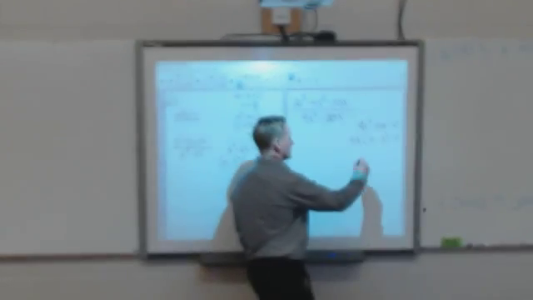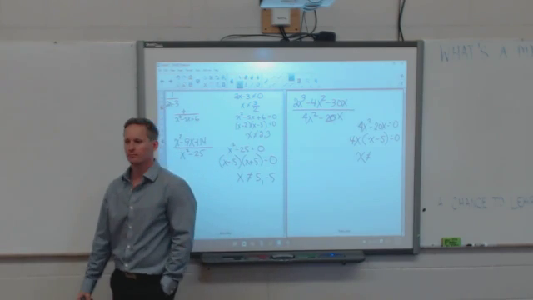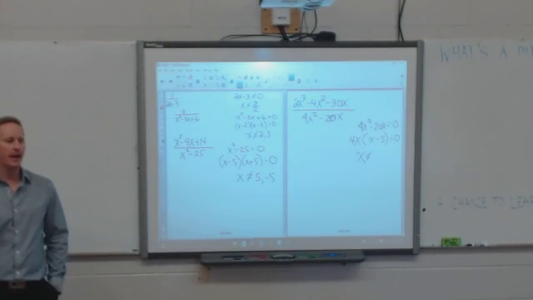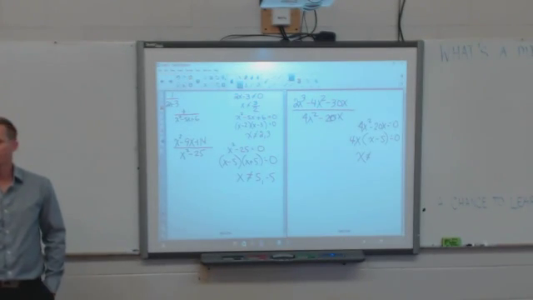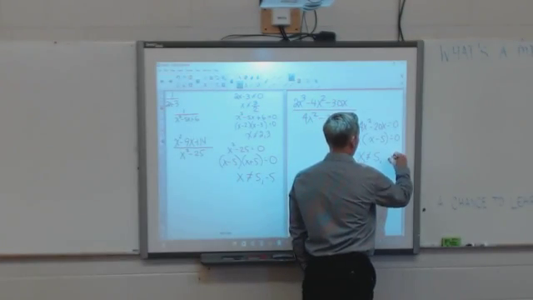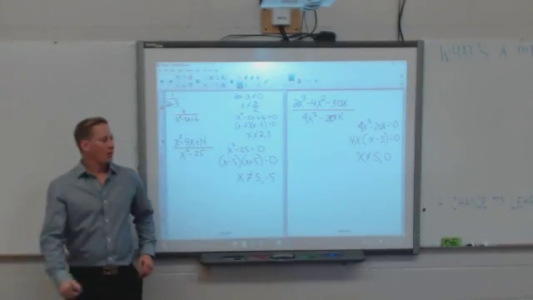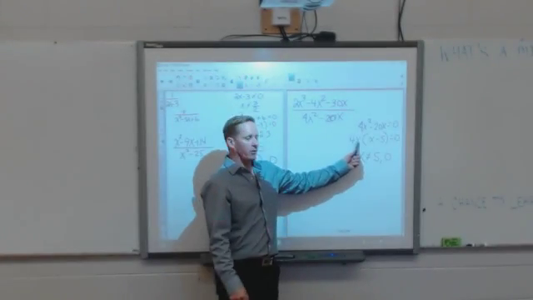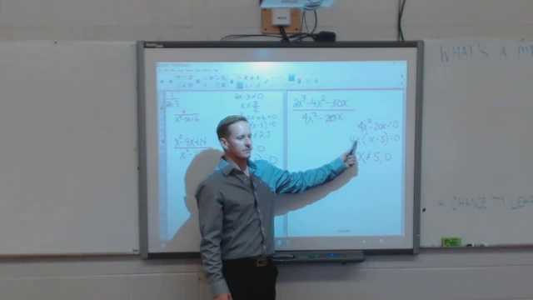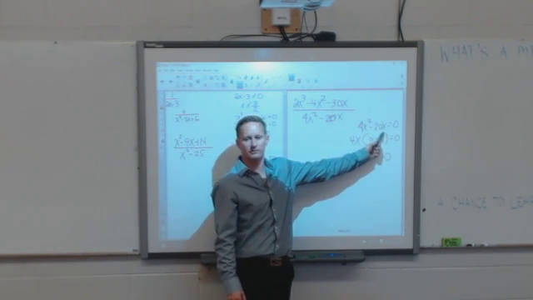So what can x not equal as a part of this? 5, and 0. Also very important. Why is that? If I put 0 in here, what's 0 times 4? It's 0. What's 0 times negative 5?